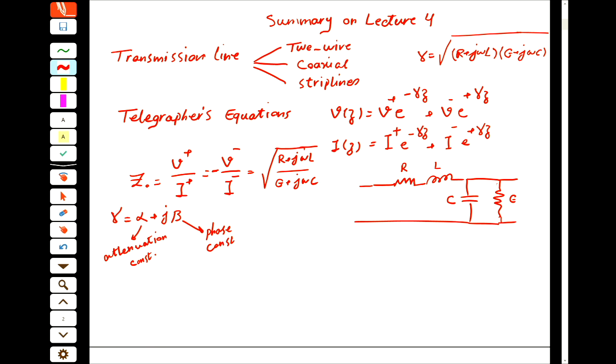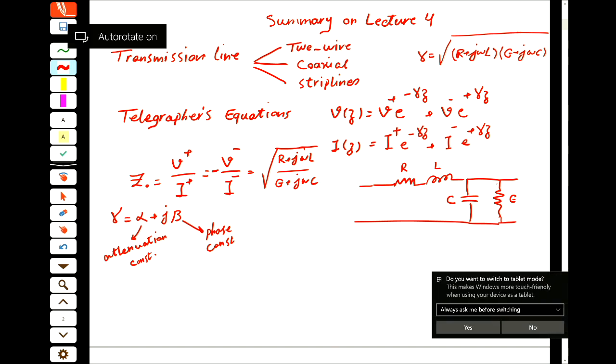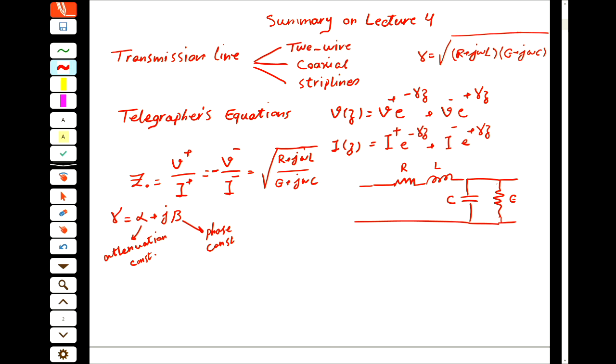And then for a lossless line, we say that alpha equals 0, so there is no attenuation on the transmission line, and then we can write that gamma is equal to just j beta.